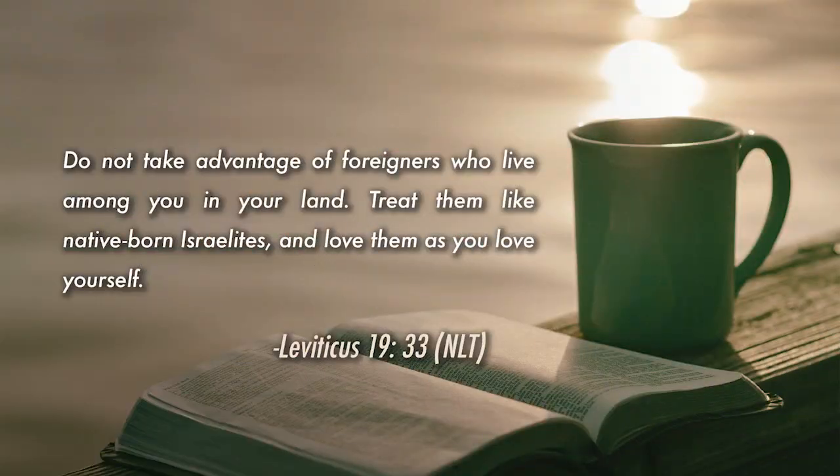So many of them are actually about relational issues and fixes, between the Israelites and God, Israelites and themselves, Israelites and the people who are not Israelites. Leviticus 19 actually says, do not take advantage of foreigners who live among you in your land. Treat them as native-born Israelites. Love them as you love yourselves.